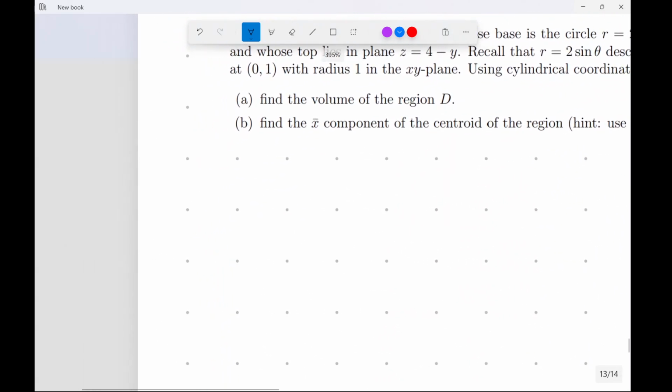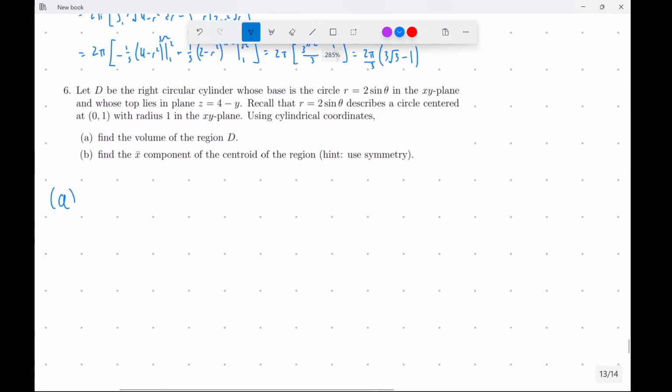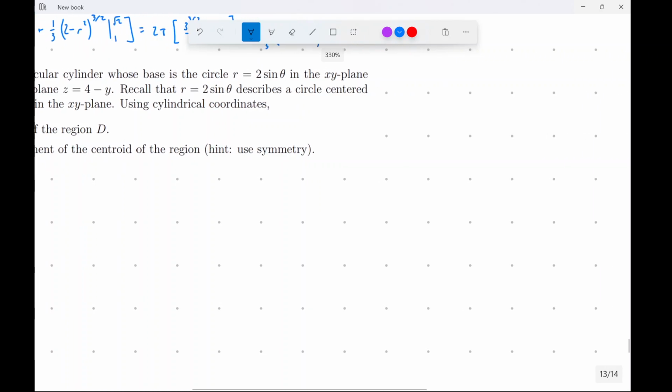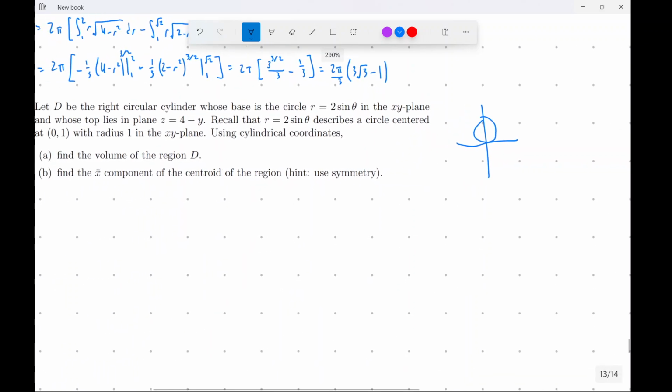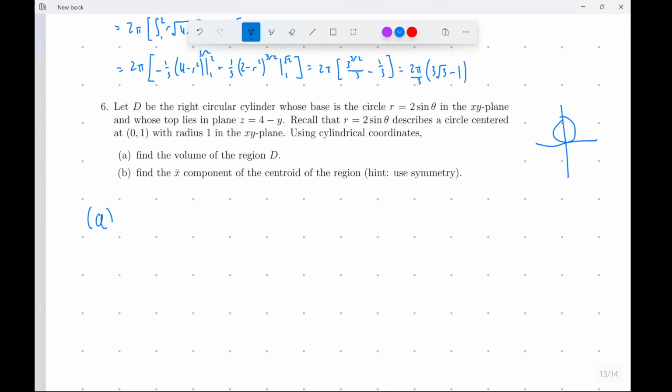Okay, and then number 6, oh no, what happened? Number 6, we are given a right circular cylinder whose base is this circle, which it tells you about later in the problem, and whose top is the plane z equals 4 minus y.